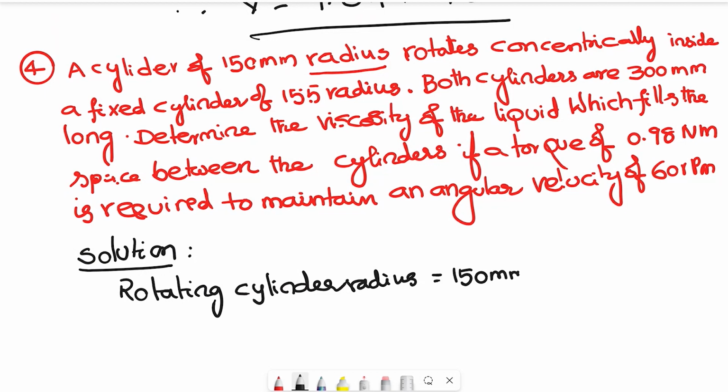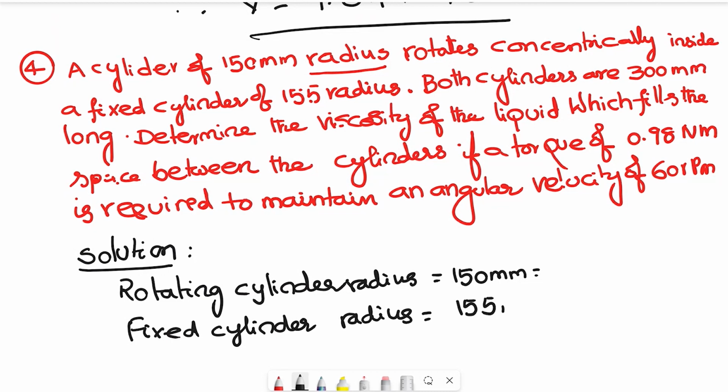It is radius, please remember. Then the fixed cylinder, the outer cylinder, is fixed. Fixed cylinder radius, how much? 155 mm. It is radius, not diameter.